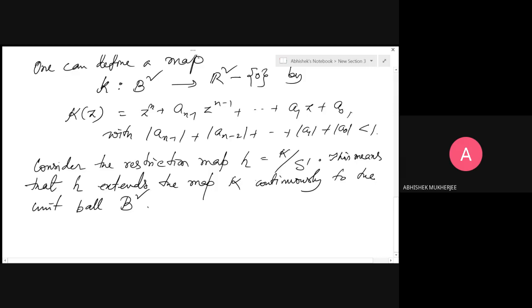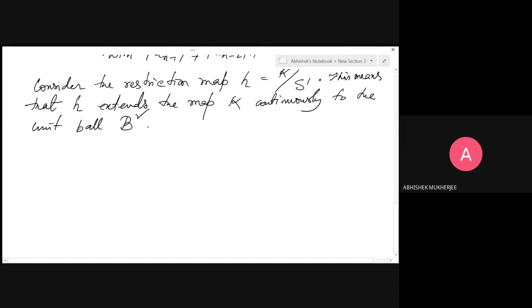Now our game plan is to show that H is null homotopic.